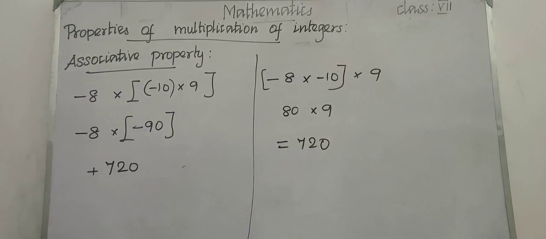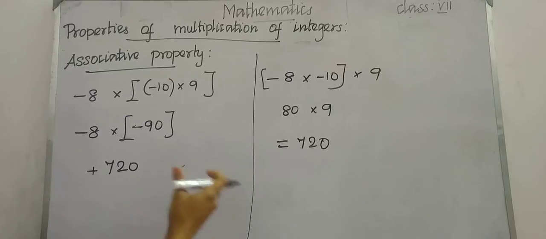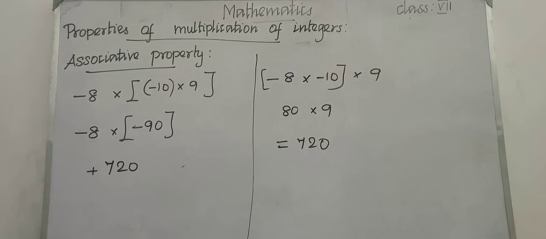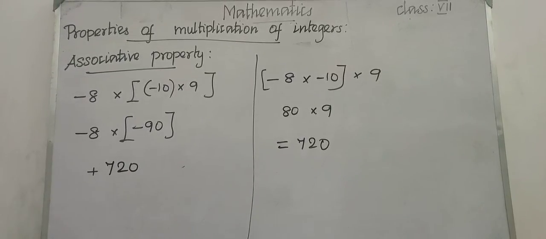So if you are grouping differently you will also get the same answer, okay children, while multiplying three integers with different grouping. If we get the same answer we can say multiplication of integers hold associative property.